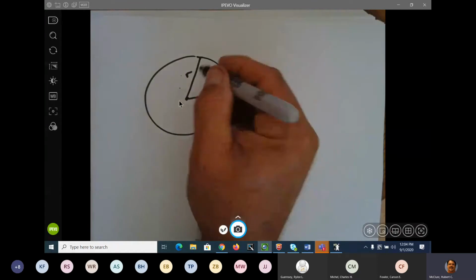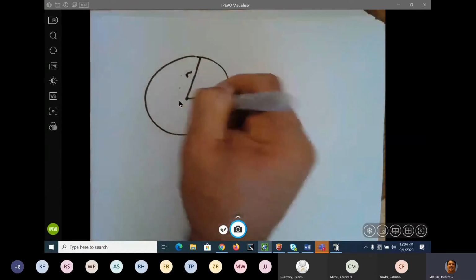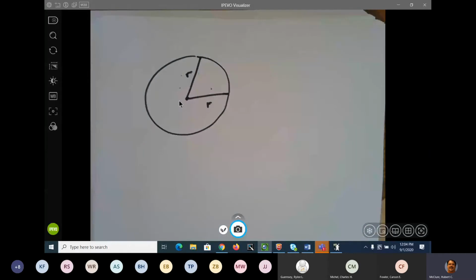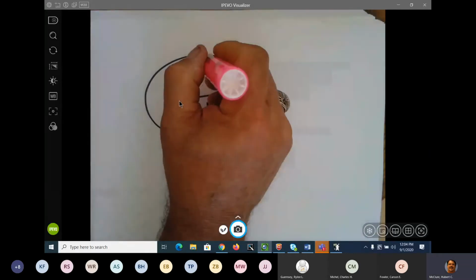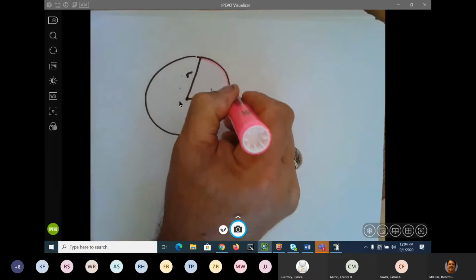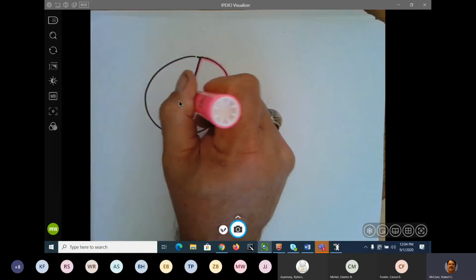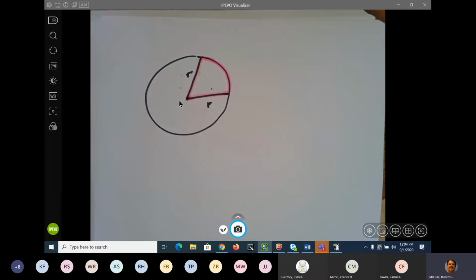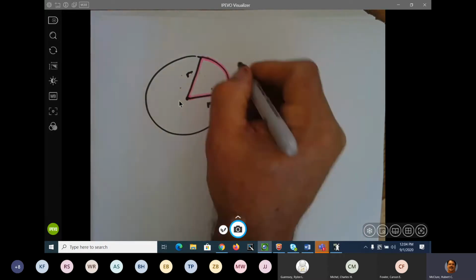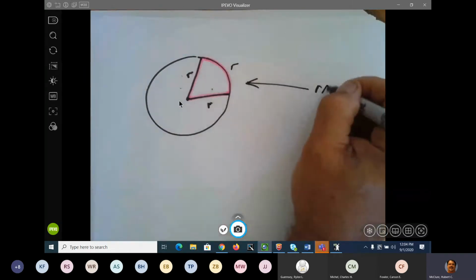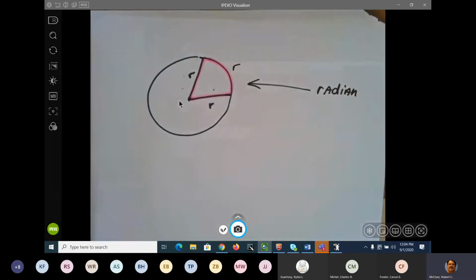When this and the distance around the arc are equal, it's a special circle. When that distance and this distance and this distance are all equal, that's called a radian. We'll put an R here, and that right there is called a radian. All 3 of those R's are the same number.